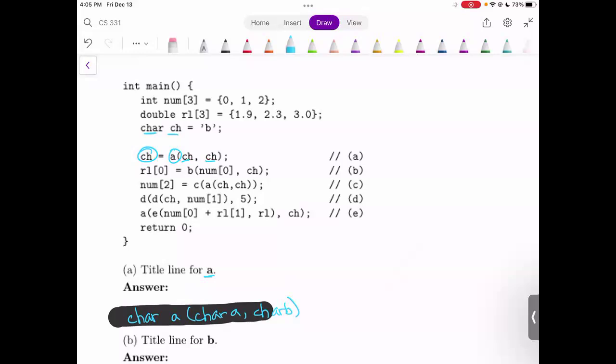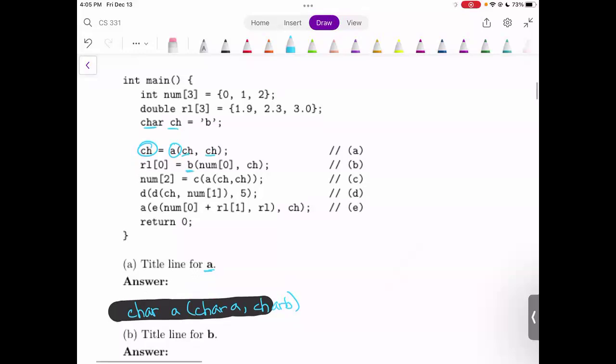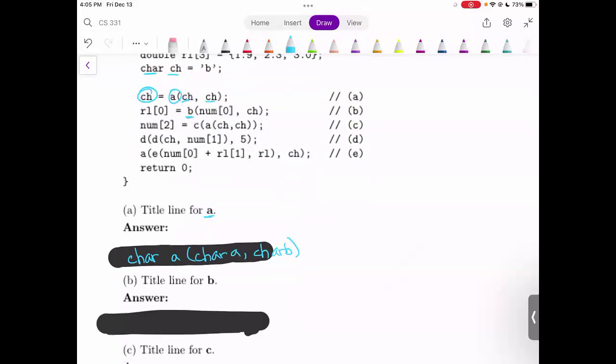B, let's do B together. So B takes in how many parameters? Takes in two parameters, right?